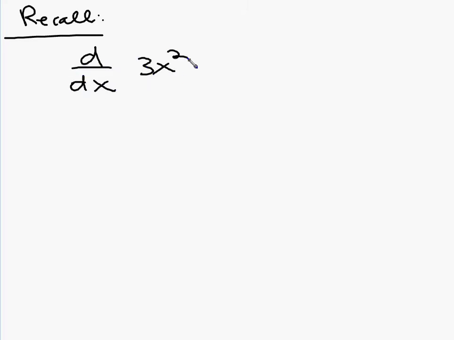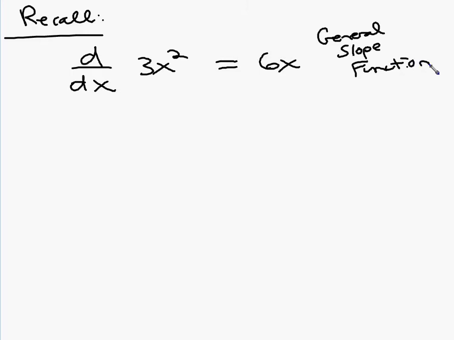So, when we did the general slope function, let's recall something here. If I were to find the derivative of 3x squared, that's an easy one. It is 6x. Well, we said that is a general slope function, and I could find the slope of the tangent line anywhere.